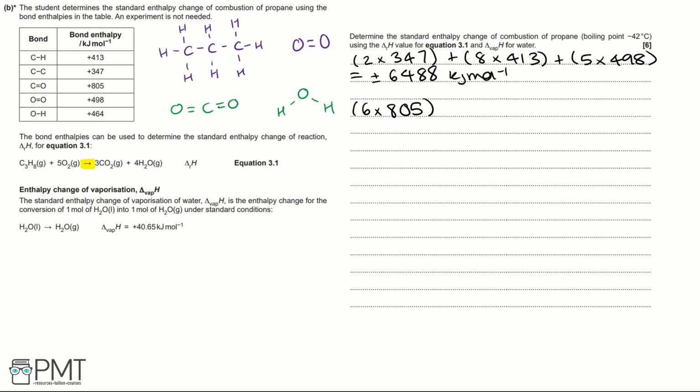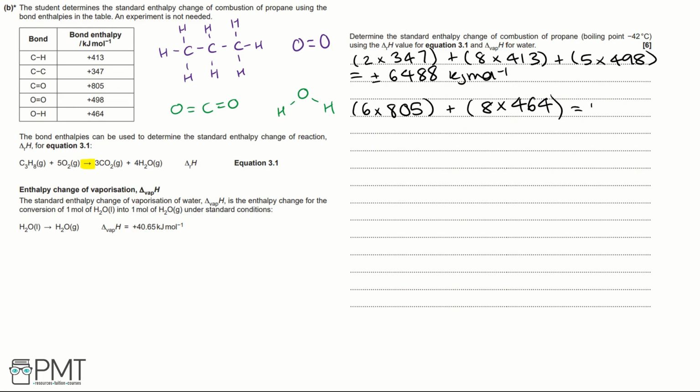Then if we look at our products, we have 6 times 805, because we have 2 carbon double bonded to oxygen in carbon dioxide, and we have 3 of them. So 2 times 3 is 6, and then we've got 6 times our carbon double bond oxygen, so 805. And then we need to add 8 times 464. So that's our water. We've got 2 oxygen-hydrogen bonds, and we have 4 waters, so 2 times 4 is 8.